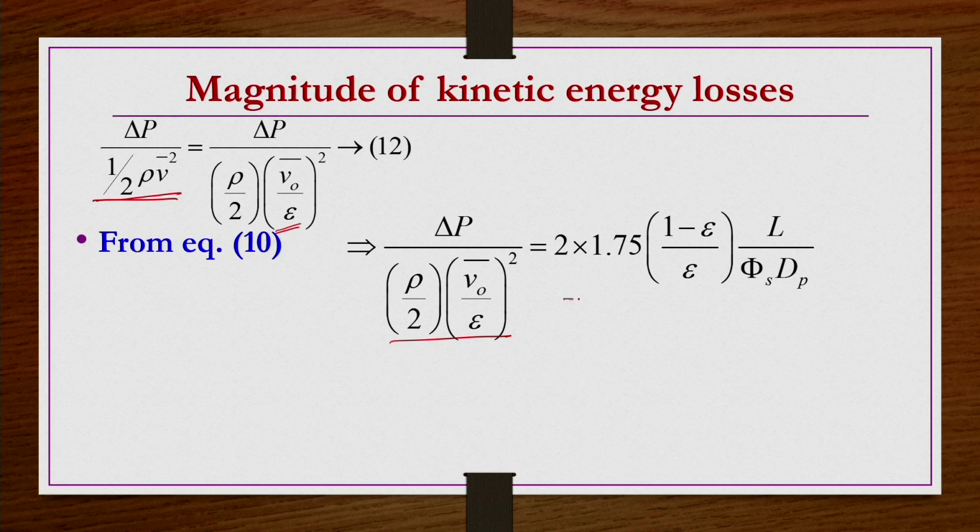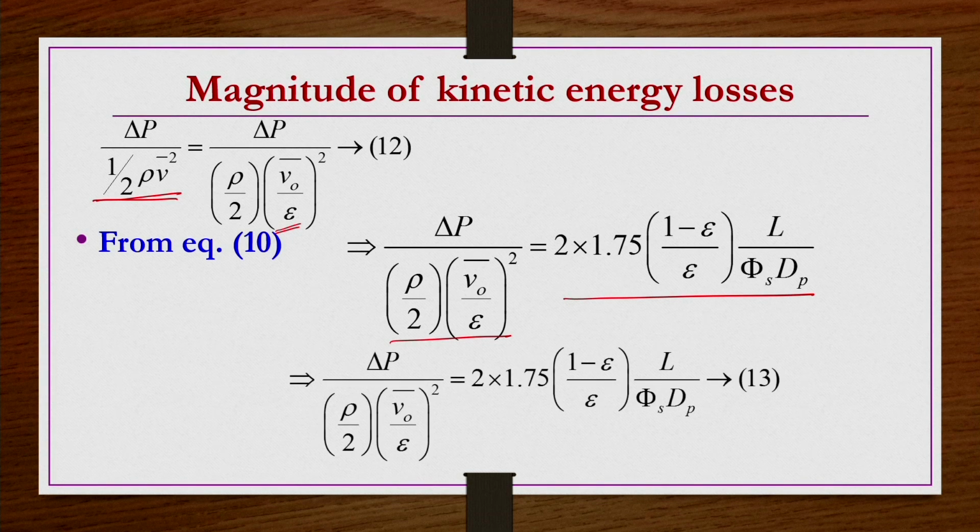When we do this, we get on the right hand side 2 into 1.75 into 1 minus epsilon by epsilon multiplied by L by phi s dp, right. In this right hand side, everything is known: voidage is in general known for a given bed, sphericity of the particles is known, and the volume equivalent diameter of the particles is known for a given system.